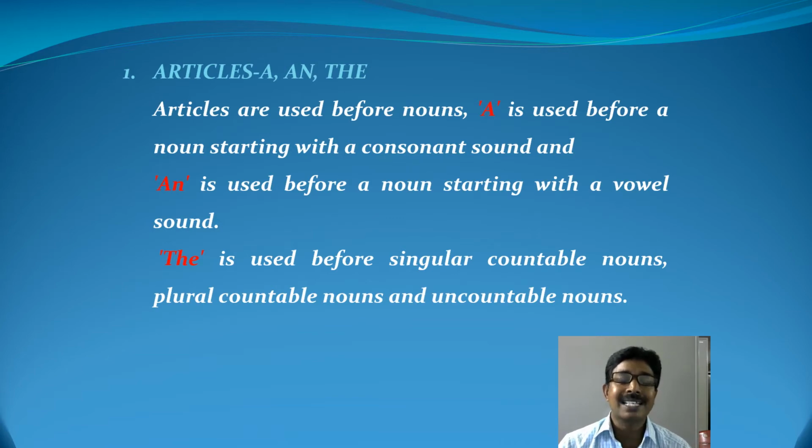Now let us learn articles. Now what are the articles? We know a, an and the are articles. Articles are used before nouns, and a is used before a noun starting with a consonant sound, and an is used before a noun starting with a vowel sound.